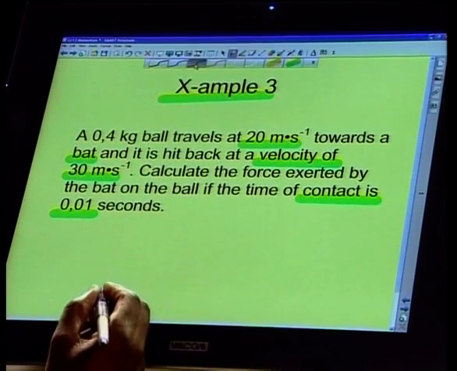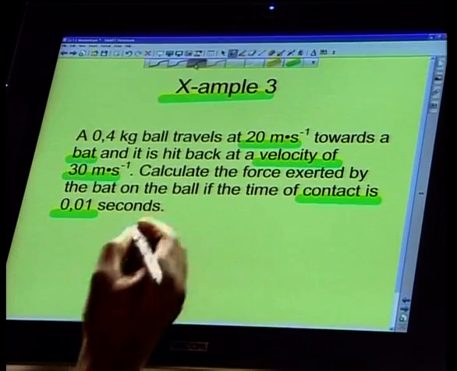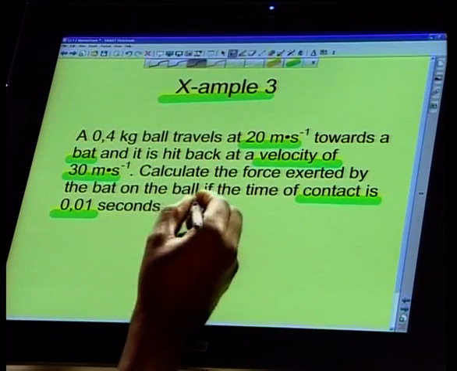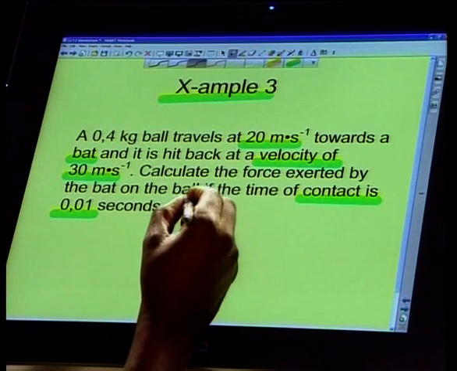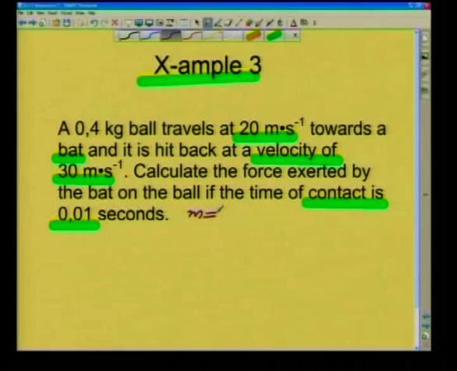Now, remember that we're talking about quantities that are vectors here. So let's list them. Some of them are vectors and some are not. For example, the mass. Mass is not a vector quantity, it's a scalar quantity. It is given to us, the mass of the ball is 0.4 kilograms. But we have got velocities here.